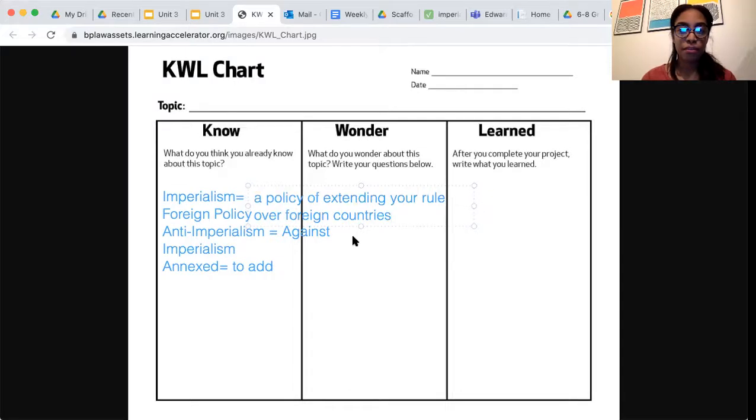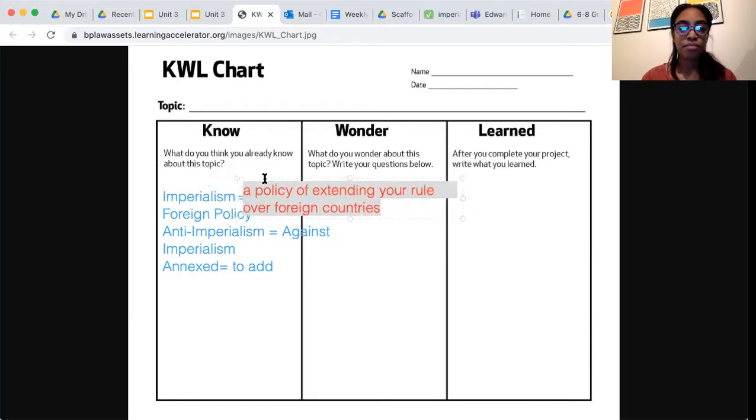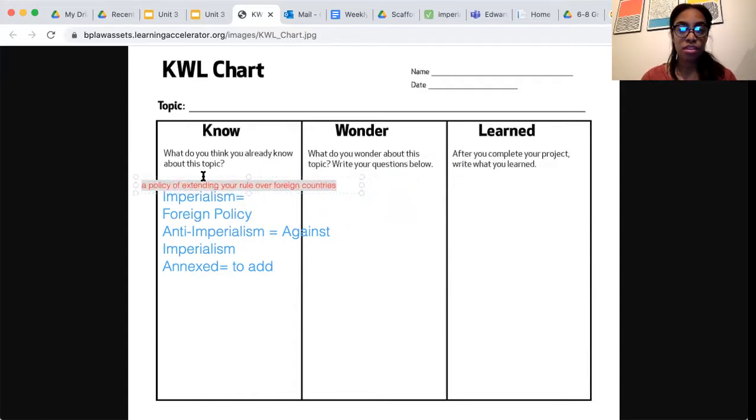Right? That's for imperialism. I'm just going to use a different color since that's a definition. That's for imperialism, okay? So that's simply what you want to know. And what do you wonder? Okay, take a minute.